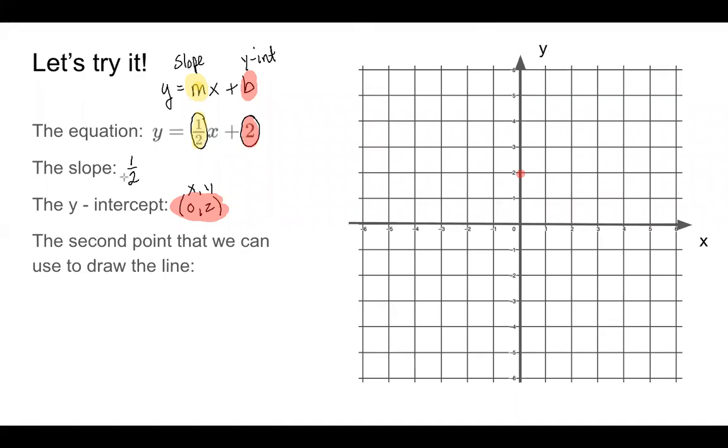So the slope is going to tell us that we need to go up 1 and over 2. Remember? Rise over run. Since the rise is a positive 1, we are going to be traveling up 1 from our starting point. Since the run is a positive 2, we're going to go to the right 2 from our starting point.